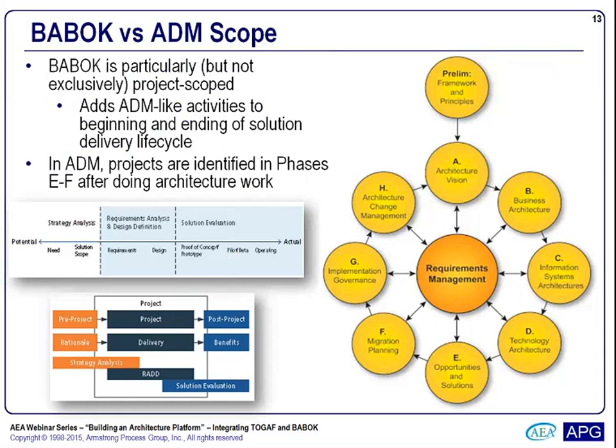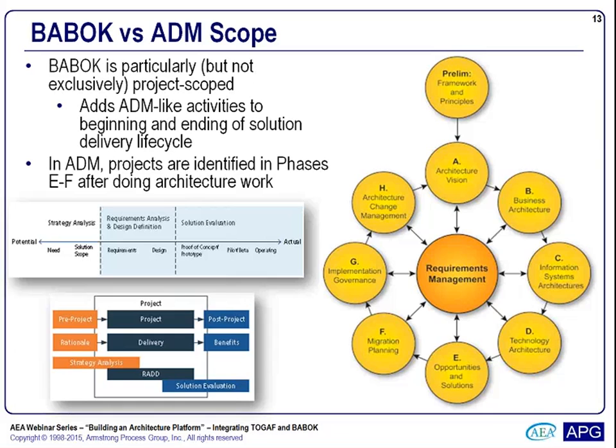And the idea is that core activities are really done in the context of projects, but there are some pre-project activities and post-project activities, including strategy analysis. That's one of the knowledge areas in version 3, and solution evaluation once the IT solution or business solution has been delivered.